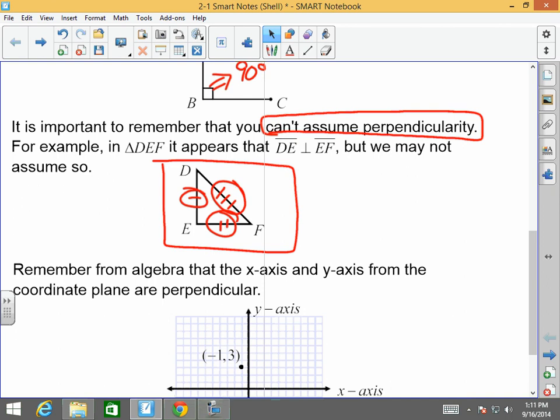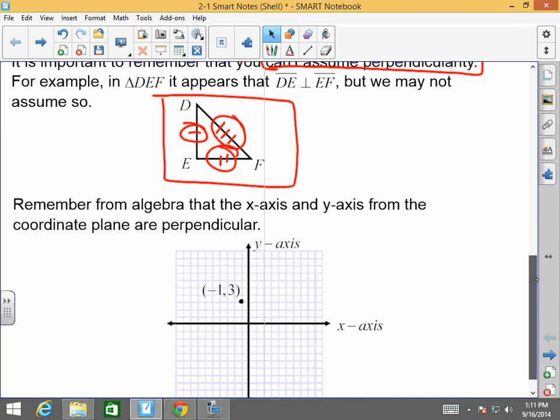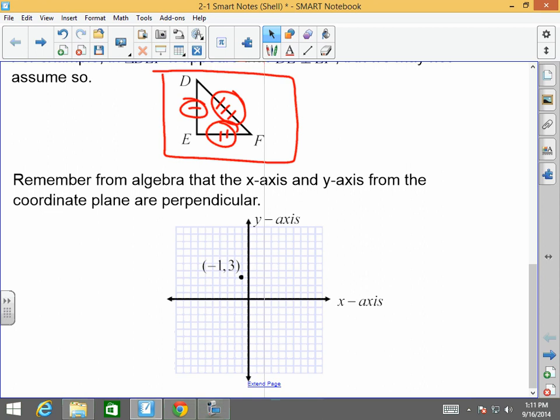Now, remember from algebra, please, guys, that the x and y axis from the coordinate plane are perpendicular. That is for sure. It's just guaranteed. Please remember that when you're reading a graph, these are skills you have to know. This is your x value. This is your y value.